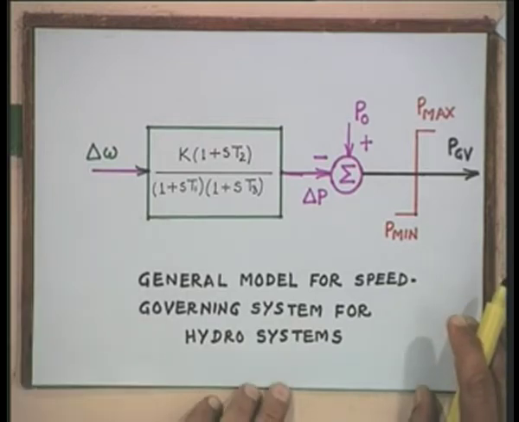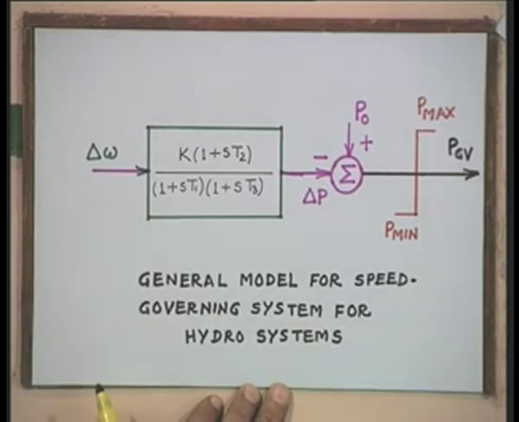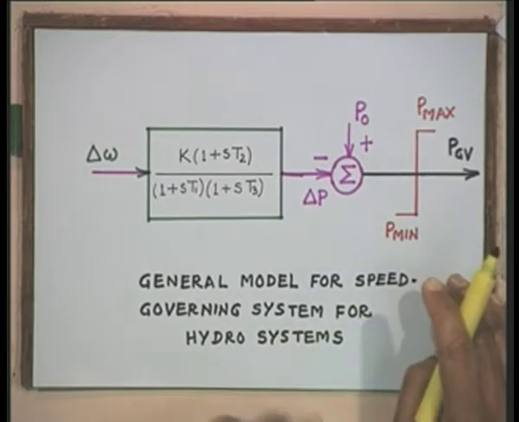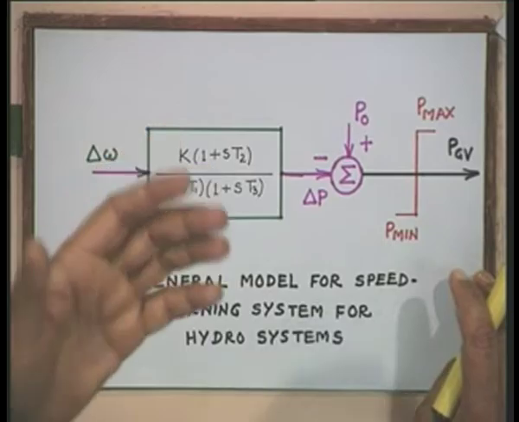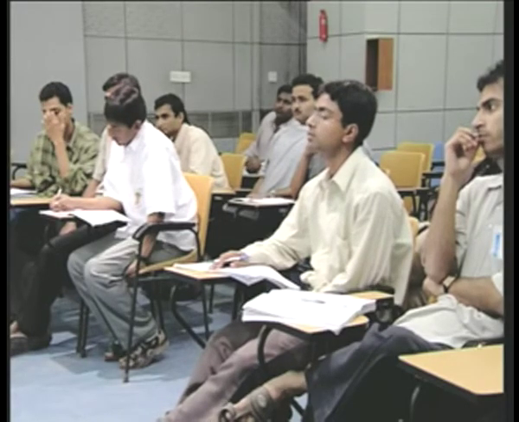Now, another important point is that there are different manufacturers of hydraulic governors. Hydraulic governors have been manufactured by the General Electric Company, by Westinghouse and so on, and therefore these manufacturers give the parameters of the model of the governors developed by them. Therefore, standard references are available where the parameters of different manufacturers are given.